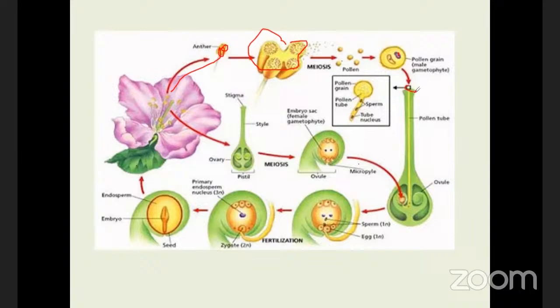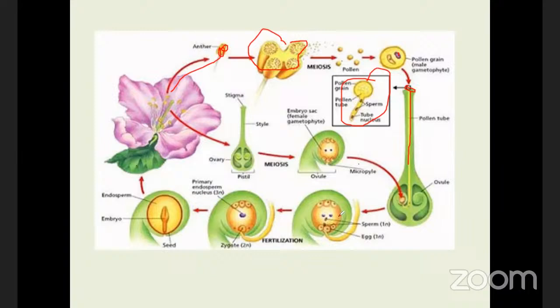It reaches the stigma, then pollination, pollen germination, and pollen tube formation. Next it reaches the micropyle, the ovule, the embryo sac, and double fertilization.